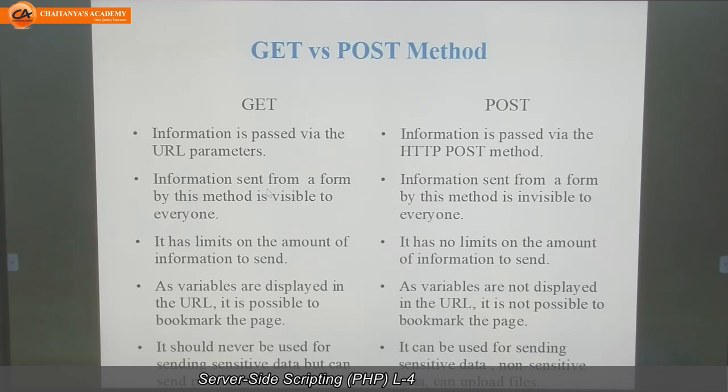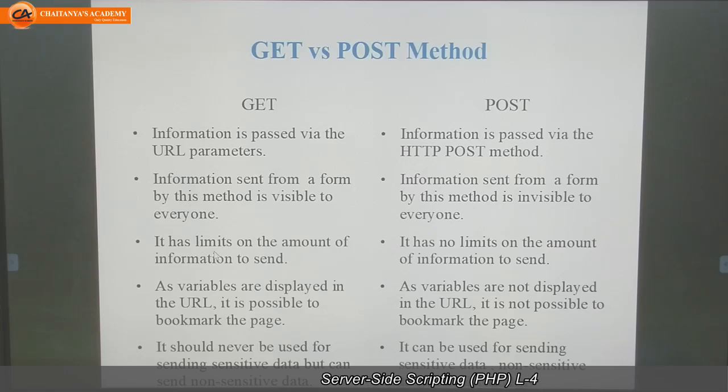Next difference is that information sent from a form by the get method is visible to everyone. Once we pass the information, we are able to see it. But in the case of the post method, information sent from a form is invisible to everyone, which we are not able to see. Then, as we are passing the information in URL parameters, it will have a certain limit.